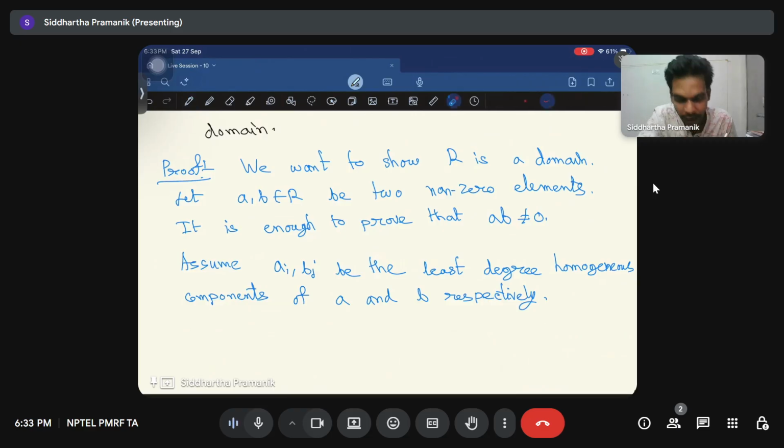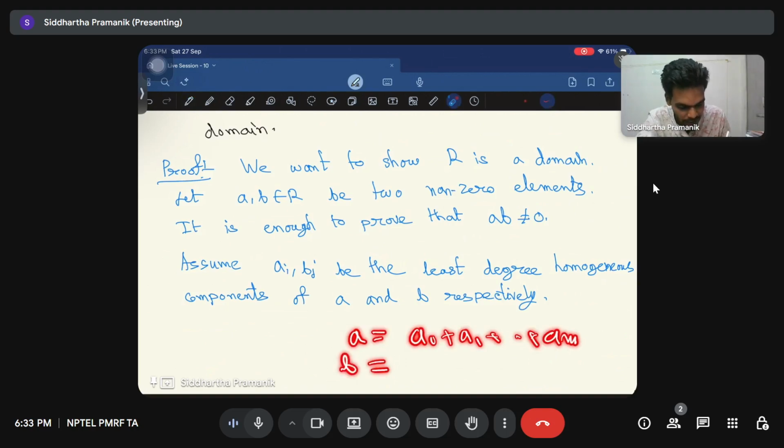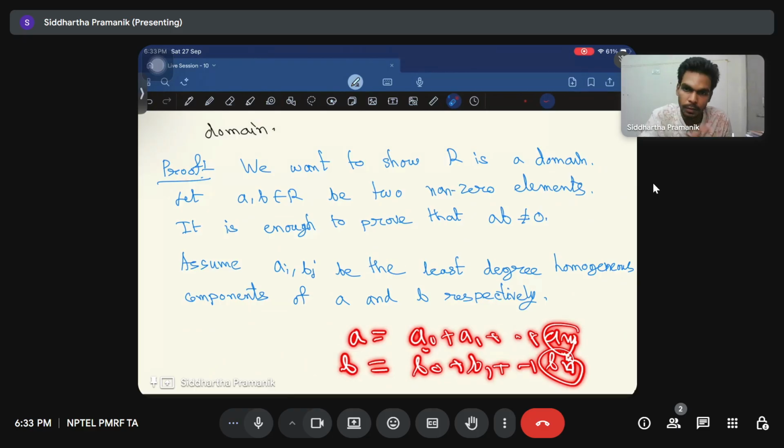So we can write A as A0 plus A1 plus dot dot up to Am, and B as B0 plus B1 plus dot dot up to Bn. So Am and Bn are the largest possible homogeneous components. There will be some least possible degree of homogeneous components, right? Some Ai has to be non-zero, which has the least possible degree.